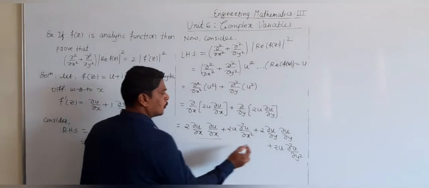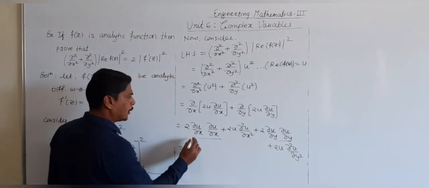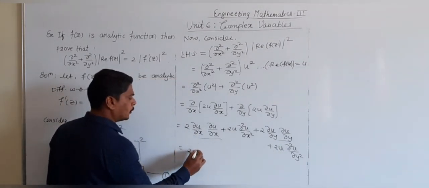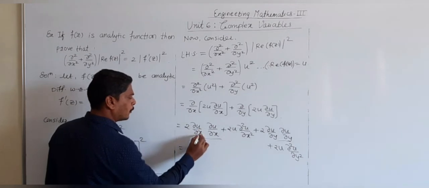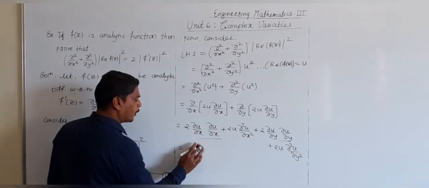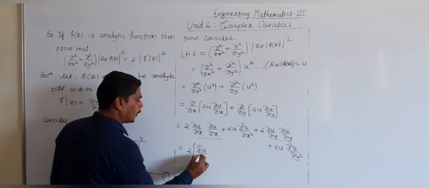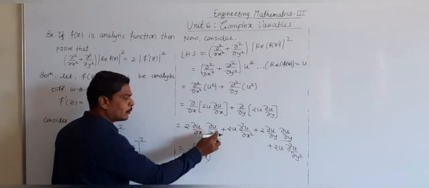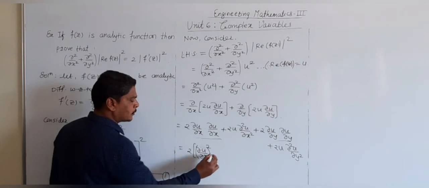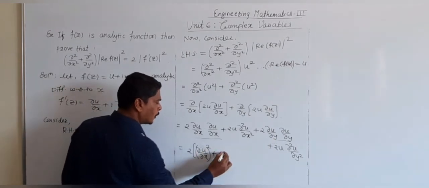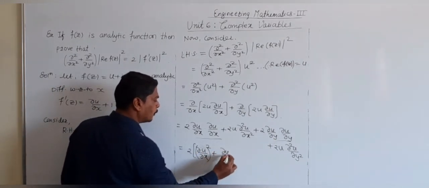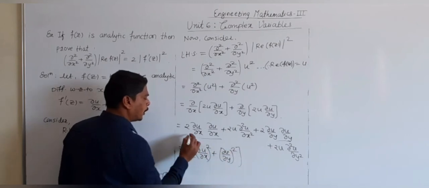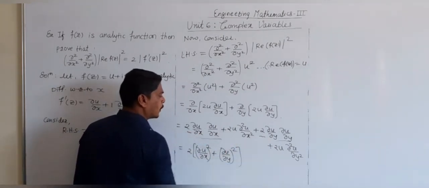Now these both terms containing 2, so take 2 common and what is remaining, ∂u/∂x into ∂u/∂x becomes (∂u/∂x) its square. Similarly this becomes (∂u/∂y) its square, taking 2 outside from this equation.